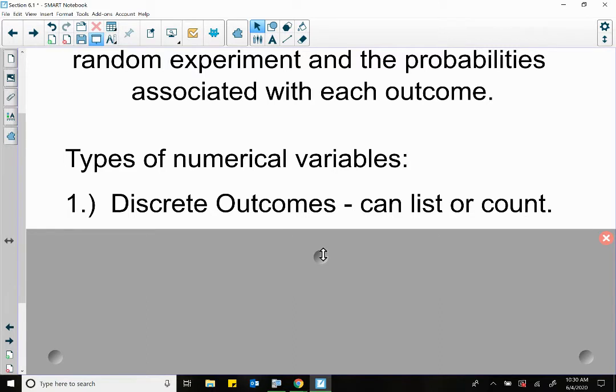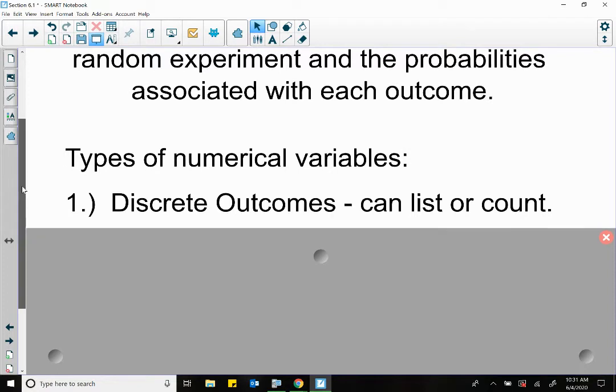Okay. So the flipping of the coin is a type of discrete outcome. You're either going to flip heads or you're going to flip tails. Rolling a die. You're either going to get a 1, a 2, a 3, a 4, a 5, or a 6. That is a list, or we can count them.